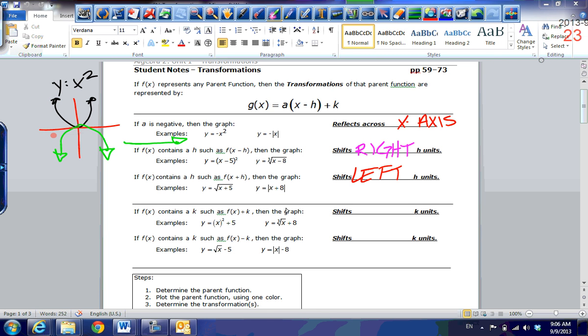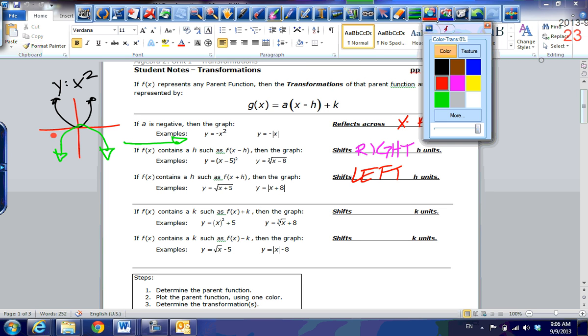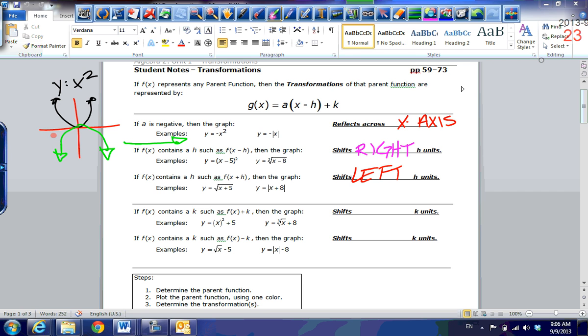Questions? Okay. Now we're talking about K. We're talking about this value right here. If it's a plus symbol, what do we think is going to happen? Left? Okay, but that was on the inside. We already covered that. Now we're talking about if it's on the outside of the parentheses. We see the difference between here and here.